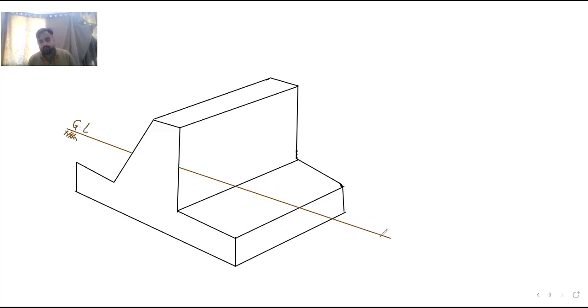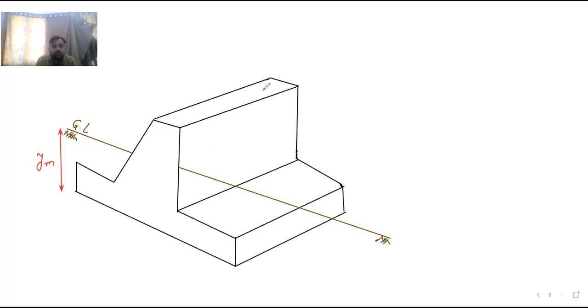Now this height below the ground level, from here to here, is denoted by the letter YM.